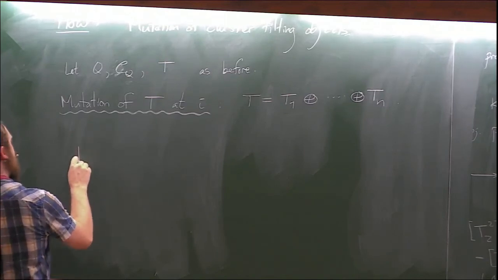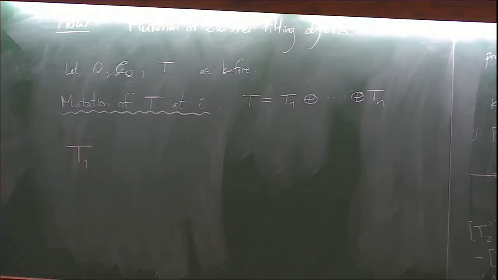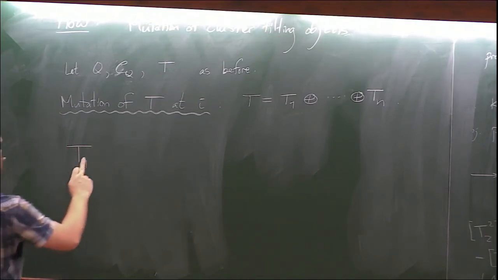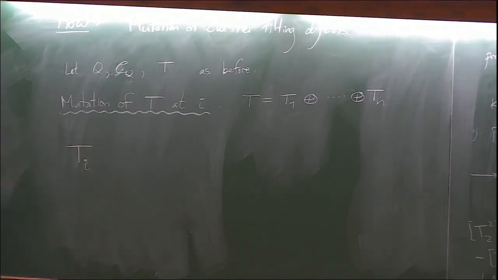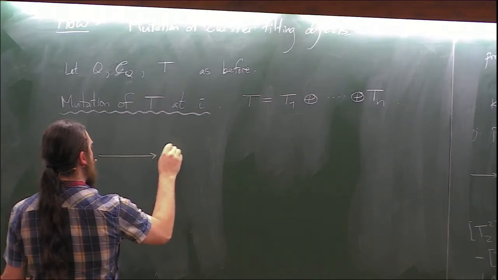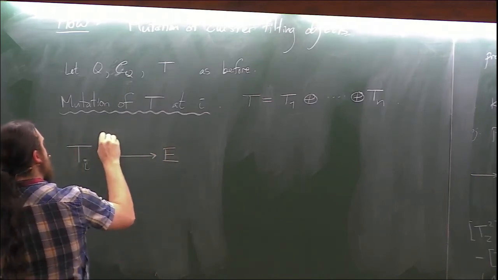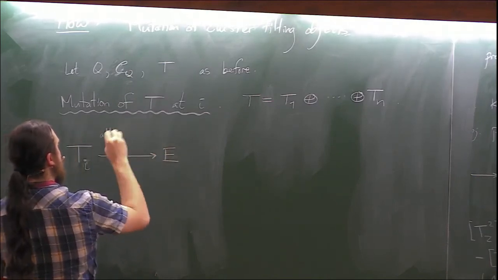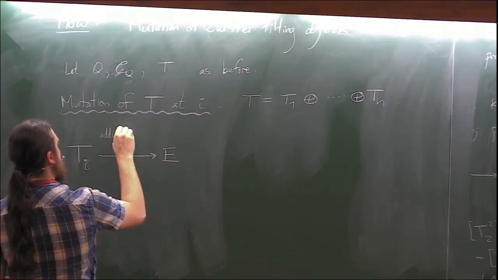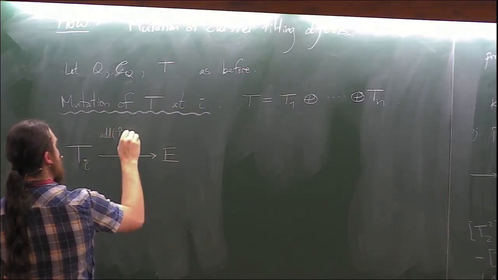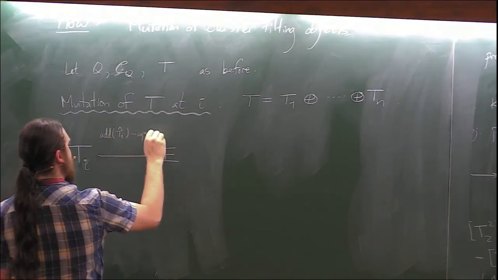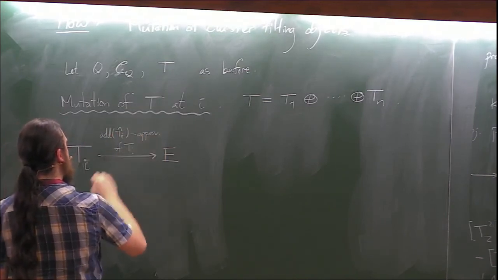So what you do is you start with Ti, and you approximate it by all other indecomposable summands of T. So I'll write it in this way, and I'll say that this is an add Ti hat approximation of Ti.